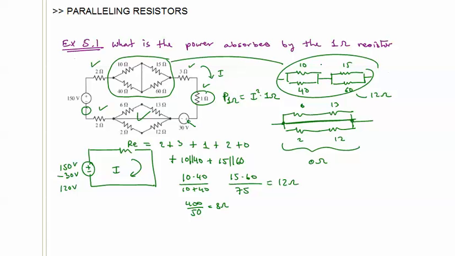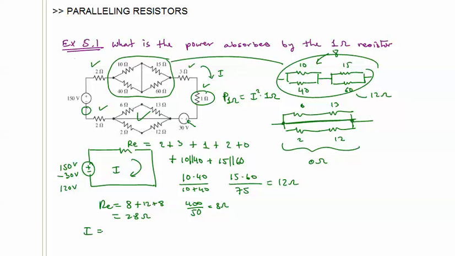This is equivalent to 12 ohms, and these two together are equivalent to 8 ohms. So let's rewrite RE. RE is 2 plus 3 plus 1, that's 6, plus 2 is 8, plus 12 plus 8 is equal to 28 ohms.